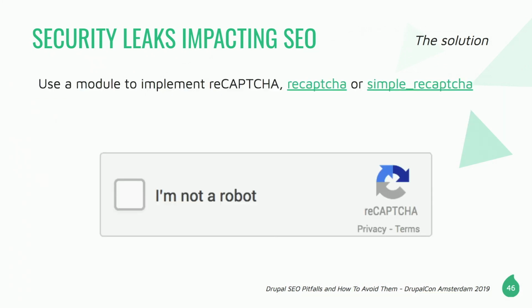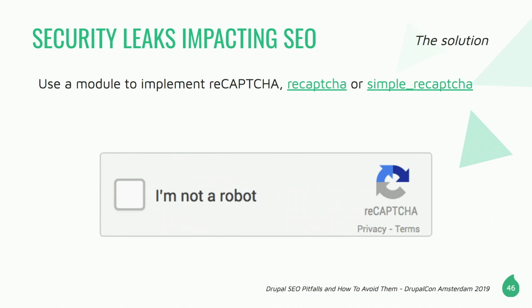Yeah, the first solution, you probably all have seen this box on several sites, is the reCAPTCHA one. I advise you to install a module for reCAPTCHA, but I do warn you, the default one, reCAPTCHA, that most of the people use, actually has a slight problem. On every page that has a reCAPTCHA form, it disables cache.